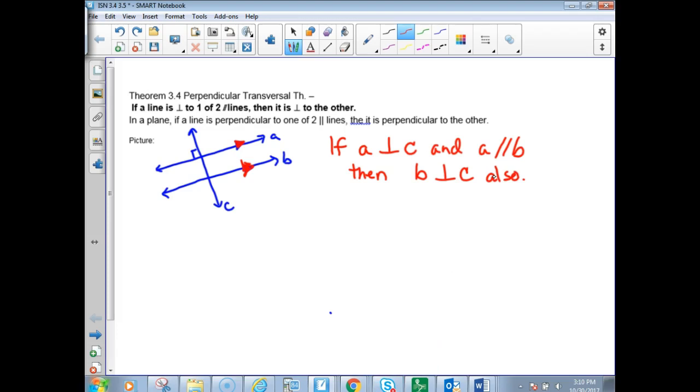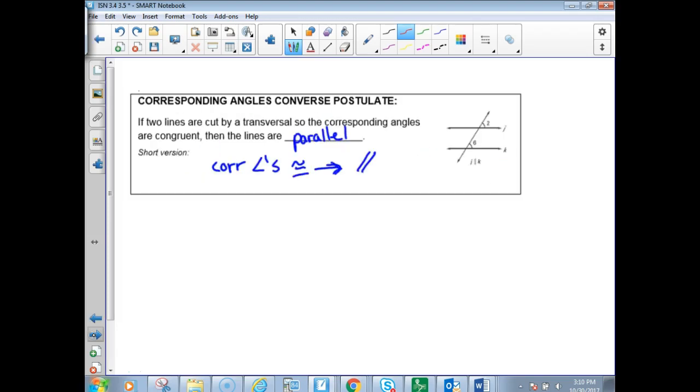So because lines A and C are perpendicular and A and B are parallel, B has to be perpendicular to C. Anybody still need this? Okay, no problem. Can I go now? All right.